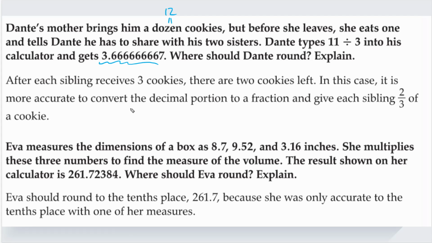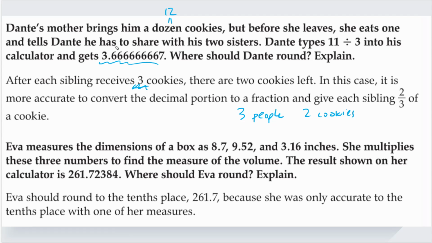Where should Dante round? Well, there's 3 people. That's not what I wanted to underline. There's 3 people. And there's 2 cookies left over after you divide all the other cookies up, because there's only 11 left.